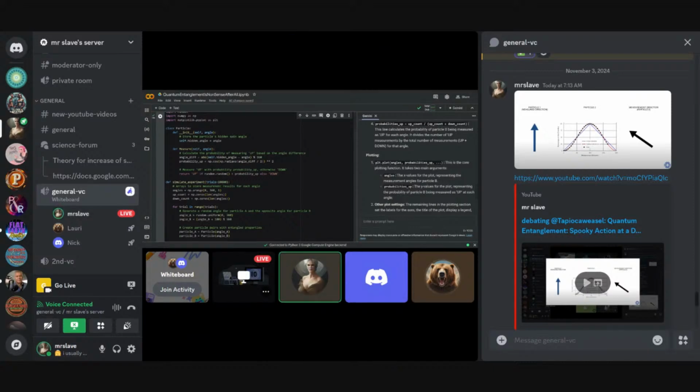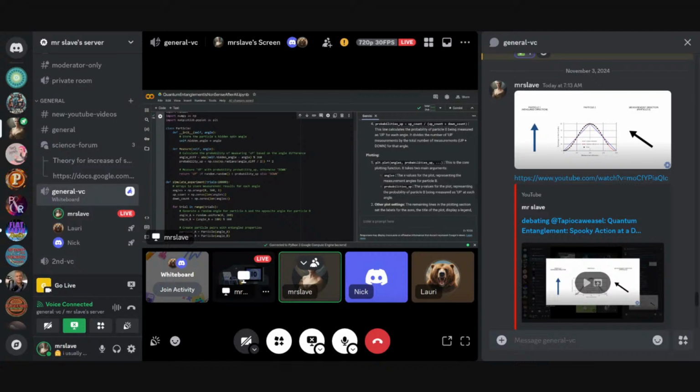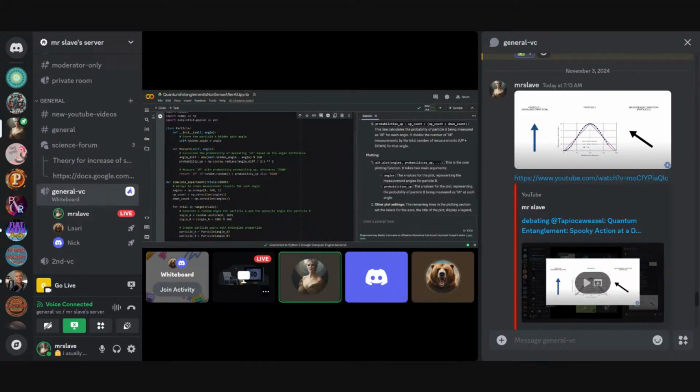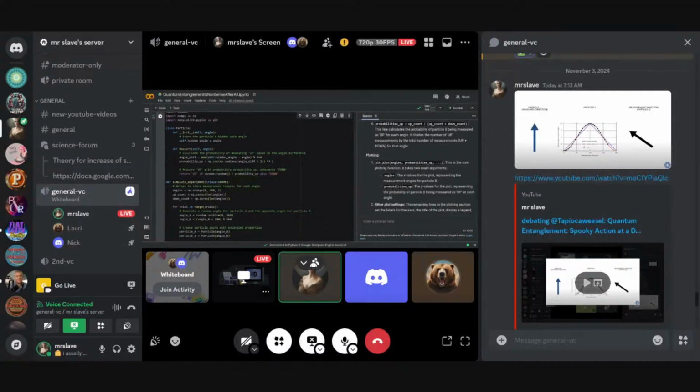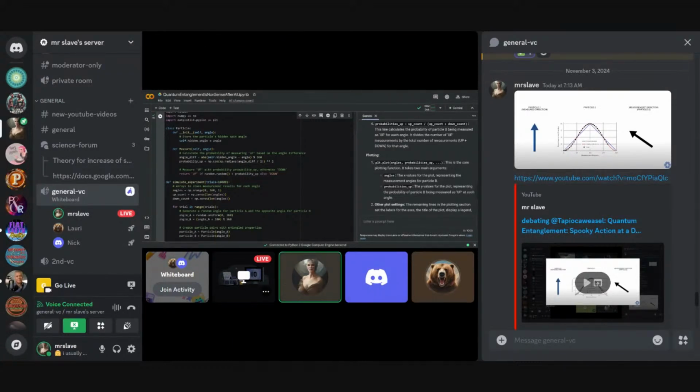I can build it. All I need to do is build a physical device that follows this code. As long as the device follows this code, I will get this graph without communication between the two particles.